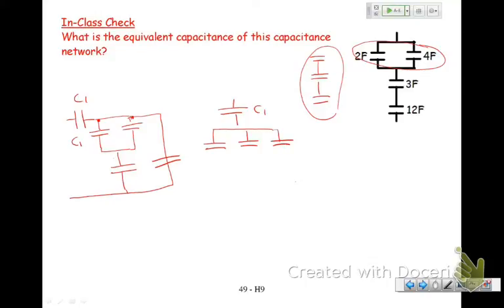C1, C2, C3, C4. I come out of these two, and that's C5. But this guy, C4, goes down here.